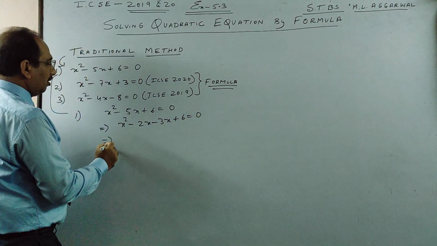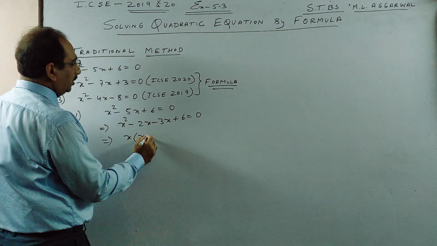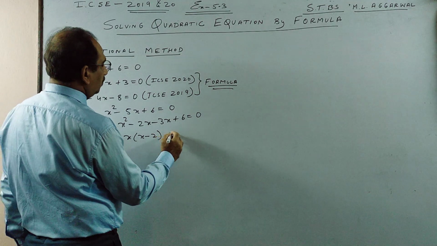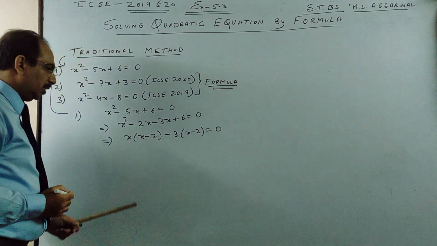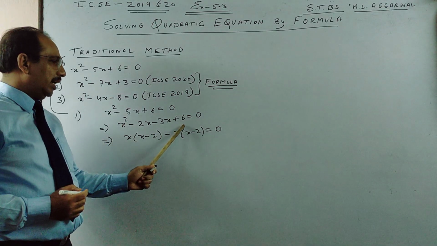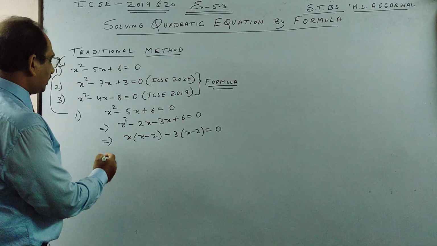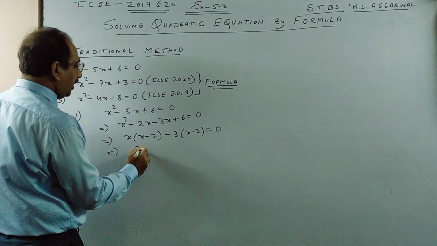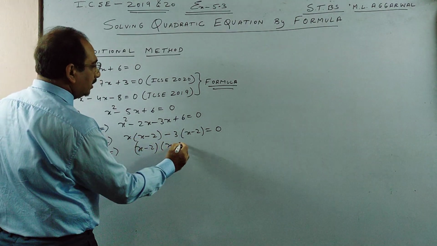So we have x square, x you take common, minus 2 minus 3, x minus 2. So we take out x and we take out 3, and you see minus 3x, minus minus plus 6. So here x minus 2 we take out, x remains, minus and 3.